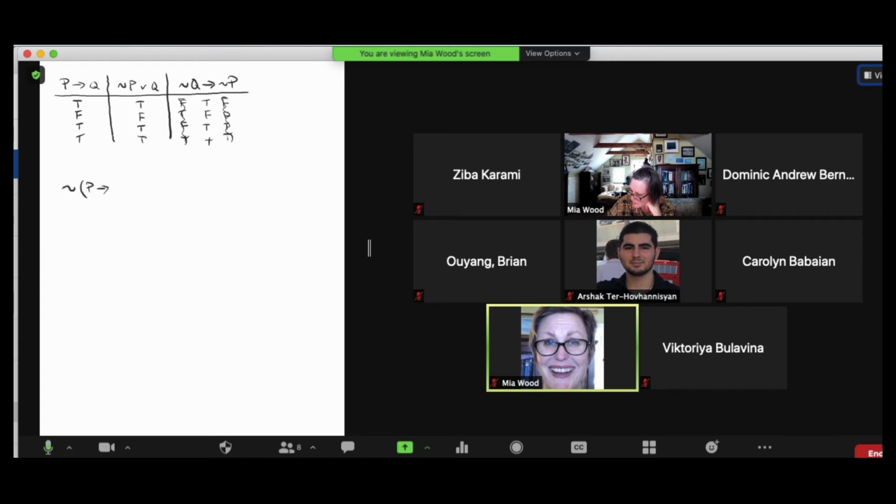This sentence we can read as follows. It's not the case that P is sufficient for Q. What do you think?